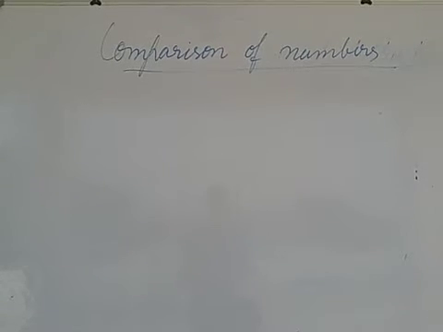So here we have studied comparison between two numbers. But how will we compare the numbers if more than two numbers are present? For comparing more than two numbers, we do ascending and descending orders.